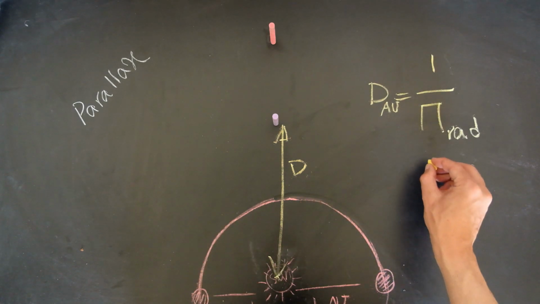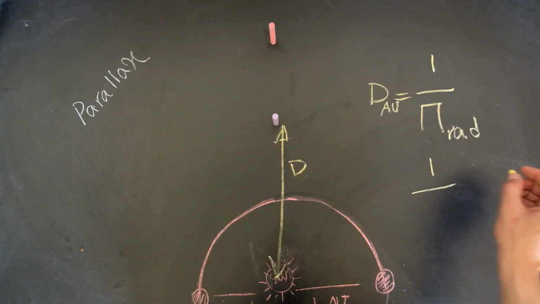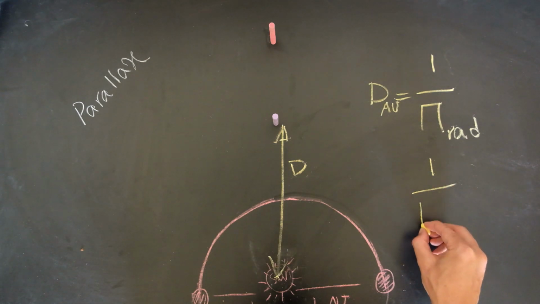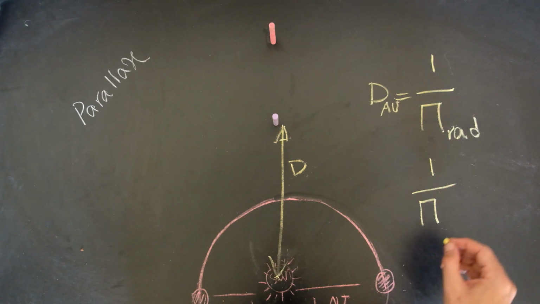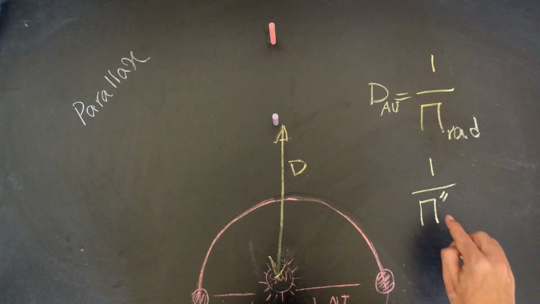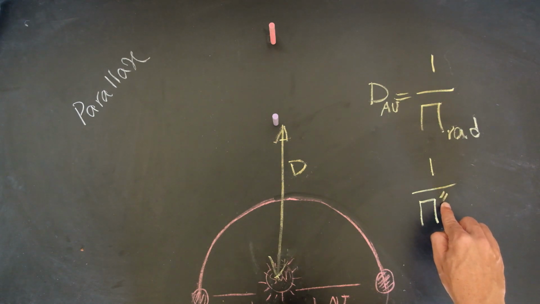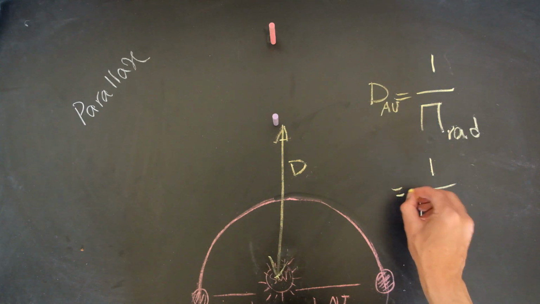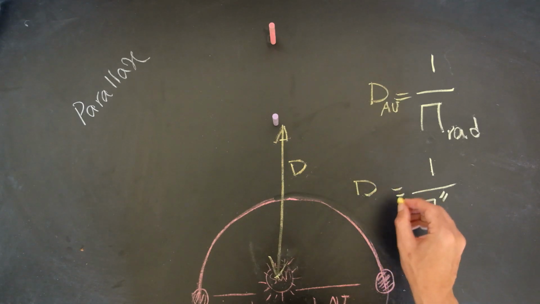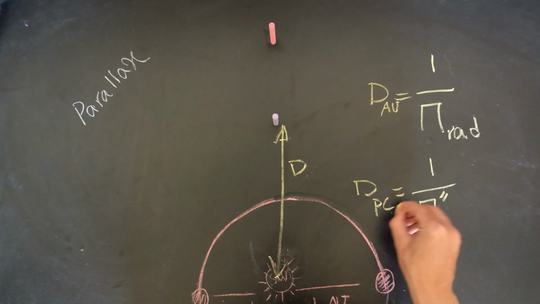We can do 1 divided by parallax angle in arc second. So anytime you see this sign for angle, it's in arc second. And what you get is distance in parsec.